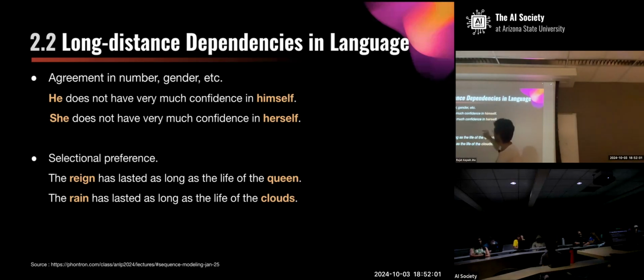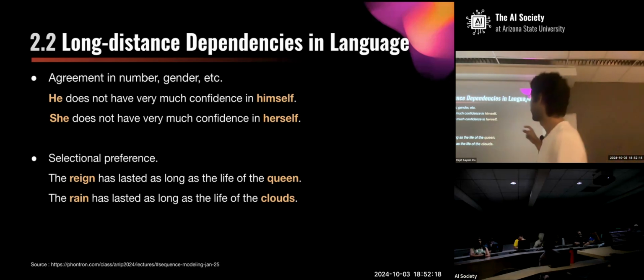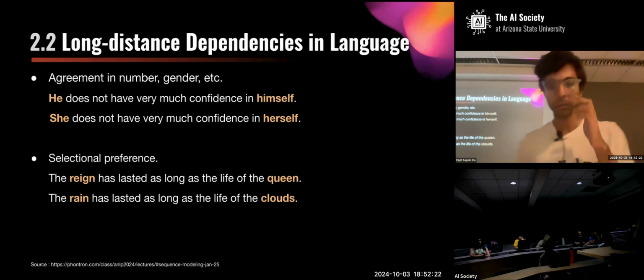So there are different kinds of agreements that have to be there to form a proper sentence. In other languages, apart from English, like French, German or Italian, these kinds of agreements and dependencies are much more numerous, so we have to take those things into account.